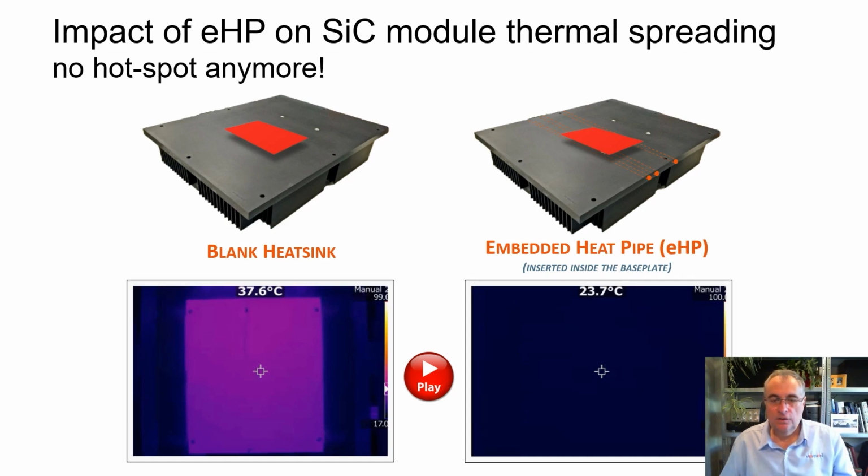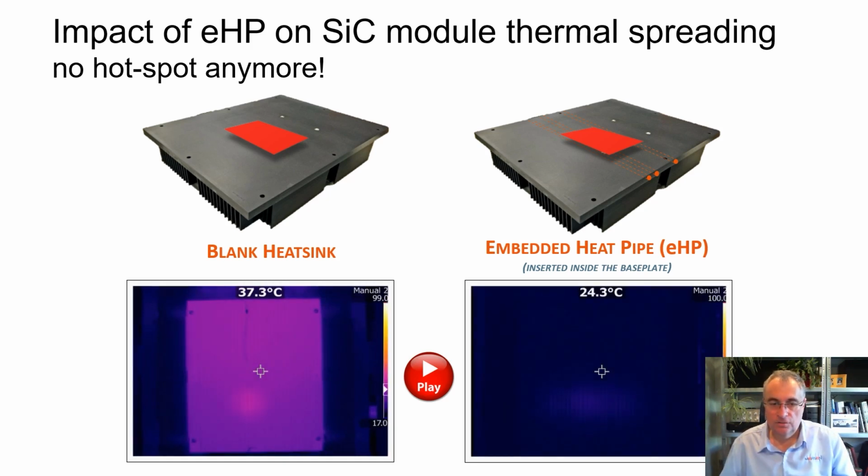So this video is probably the most obvious demonstration. On the left hand side you have a blank heat sink, a standard one, and on the right hand side this is the exact same design but with embedded heat pipe, more precisely inserted inside the base plate. So it's an additional feature we are putting here.